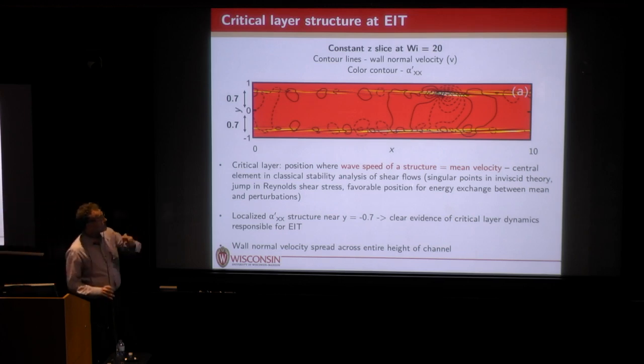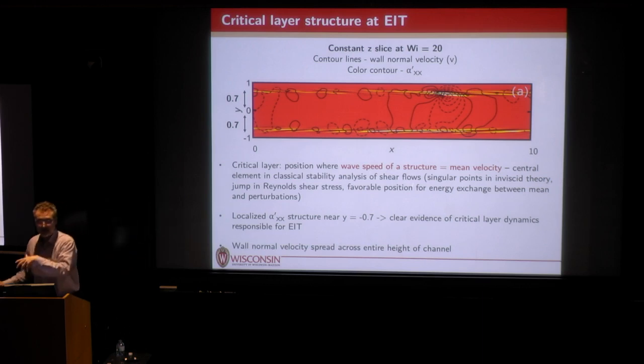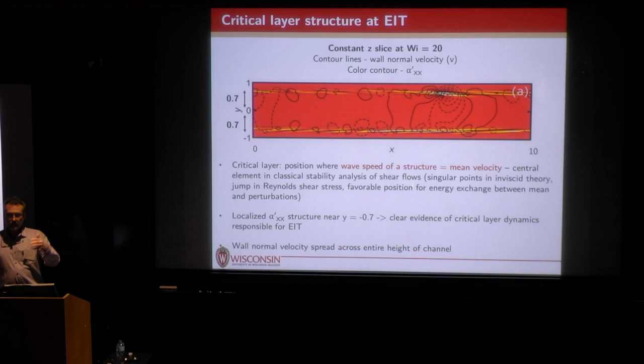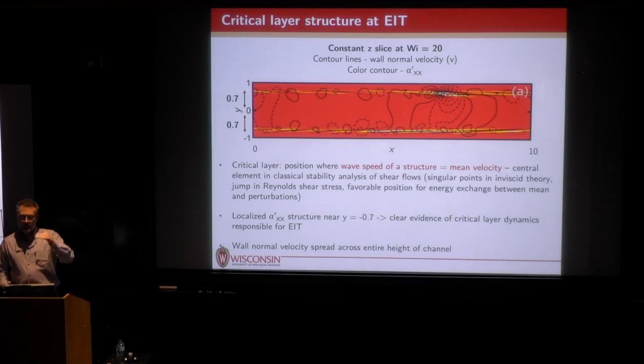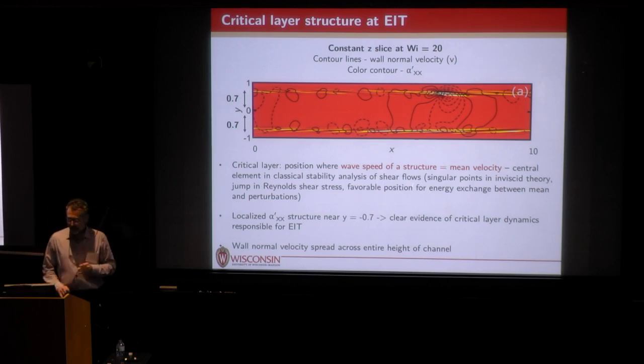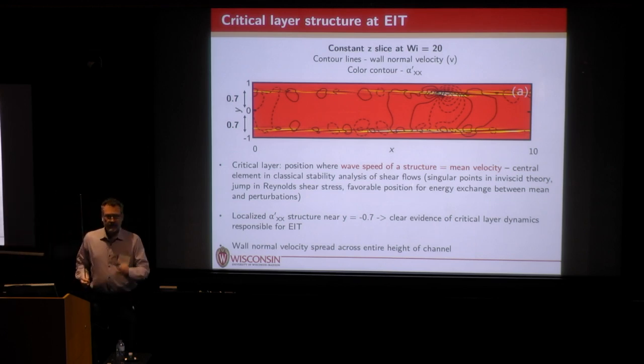This localization is reminiscent of observations from classical hydrodynamic stability of critical layers. A critical layer is a position where the mean velocity is the same as the wave speed of some kind of wave structure. If you go to Drazin and Reid, or any classical book on hydrodynamic stability, there are big sections on the dynamics associated with critical layer behavior.